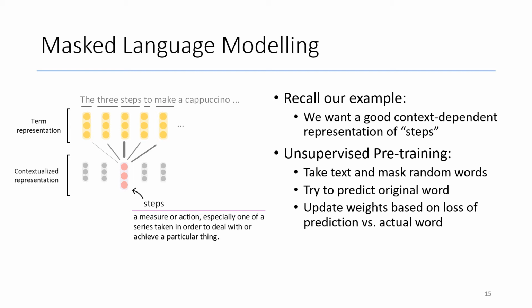So for that, to sort of infuse that knowledge into the model, we do the unsupervised pre-training with masked language modeling, where we take a text sequence such as a sentence or a paragraph, and we mask random words with a certain probability. And then we set up the task to try to predict the original word that has been masked. And based on the error of our model on that task, we update the weights.